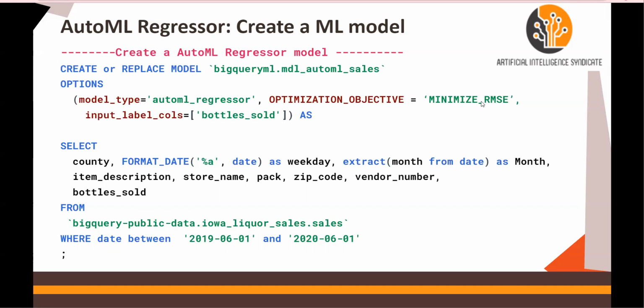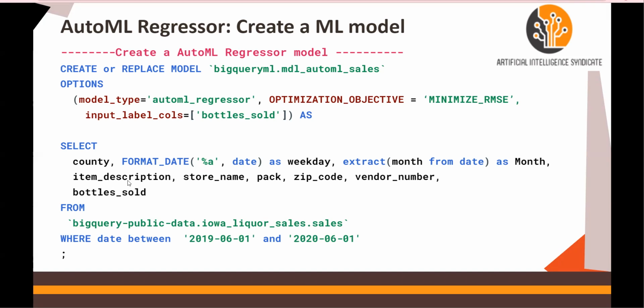Here you can also mention a hyperparameter known as budget hours. Budget hours means that if your data is huge and AutoML is just running, you don't want to have a large bill. Of course, it's super cheap to create a model in Google BigQuery, but sometimes it may happen. So having said that, let's get started on running the model.